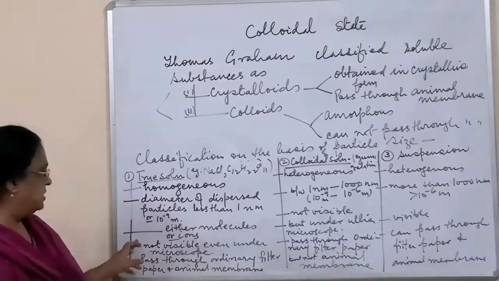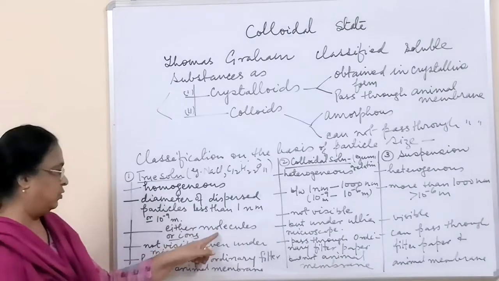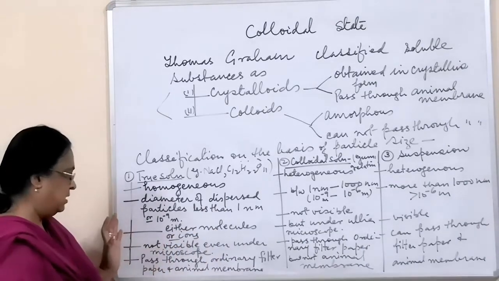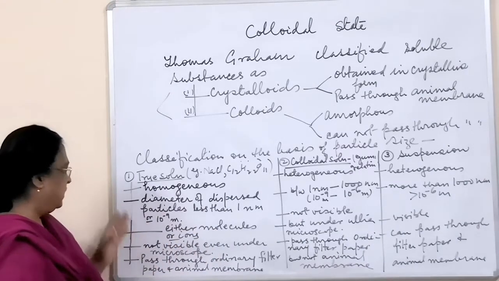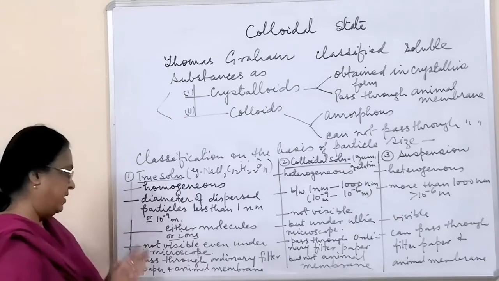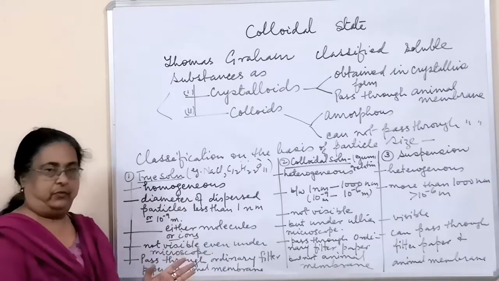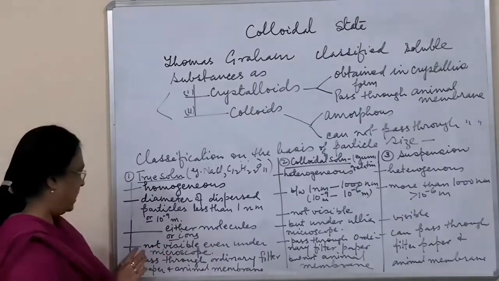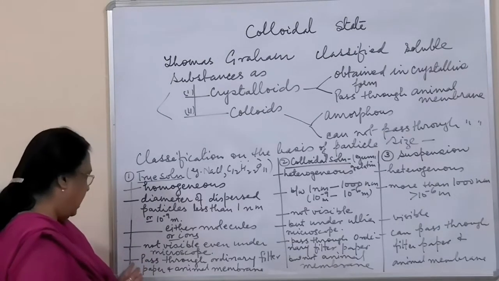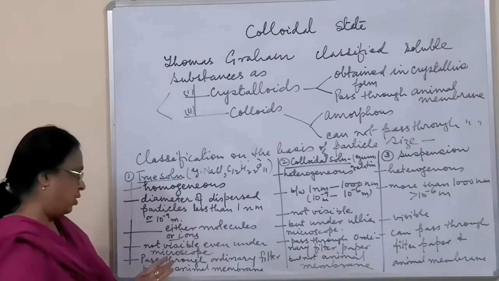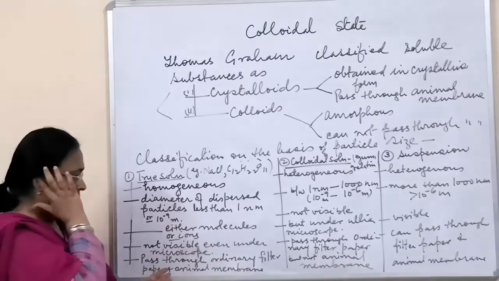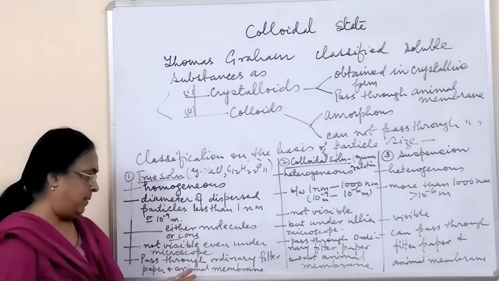Here, they are either in the molecular state or in the ionic state. Molecules or ions are not visible even under the microscope. And they pass through ordinary filter paper and also across animal membrane.